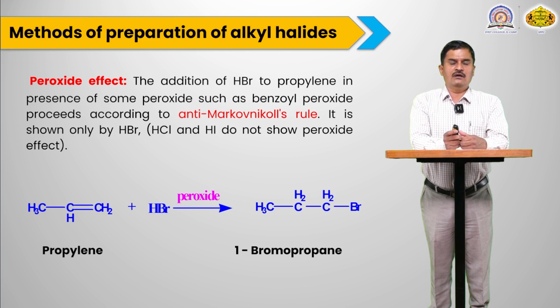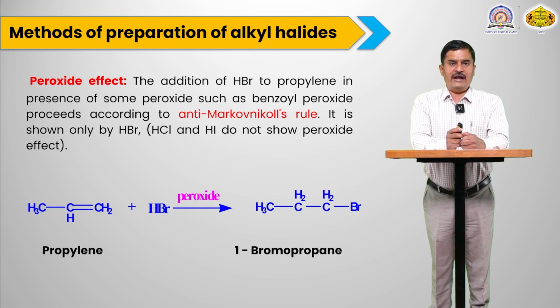That's why in this reaction the halogen atom is attached to the carbon containing more hydrogen atoms. So opposite addition takes place. This is also known as anti-Markovnikov's rule. So addition of the halogen to the carbon-carbon double bond takes place opposite to Markovnikov's rule.